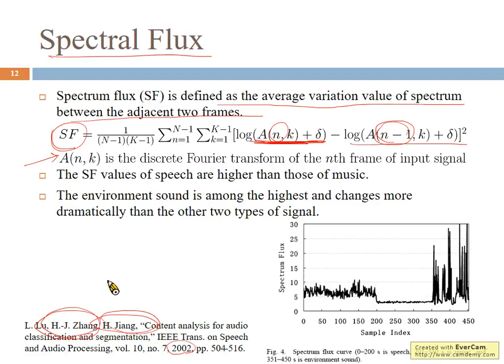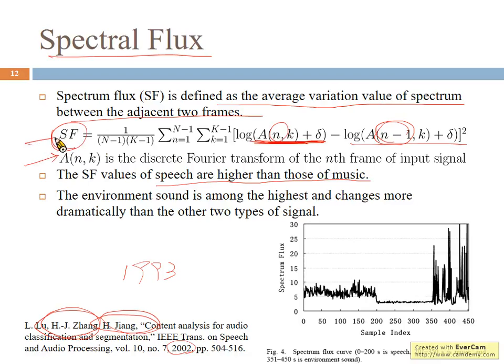You still remember when we talked about video shot change detection, there is a paper published in 1993 in ACM Multimedia Systems Journal. The author is also Hongjiang Zhang. The spectral flux values of speech are higher than those of music.